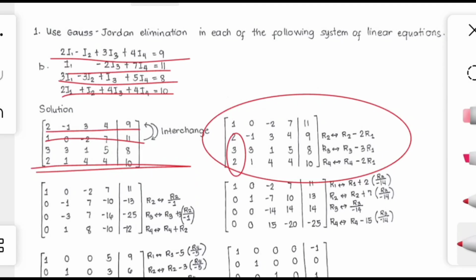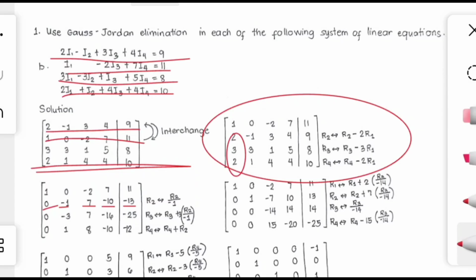So 2 minus 2 times 1 is equal to 0. And then -1 minus 2 multiplied by 0 is equal to -1. And then 3 minus 2 times -2 is equal to 7. And then 4 minus 2 multiplied by 7 is equal to -10. And then 9 minus 2 multiplied by 11 is equal to -13.